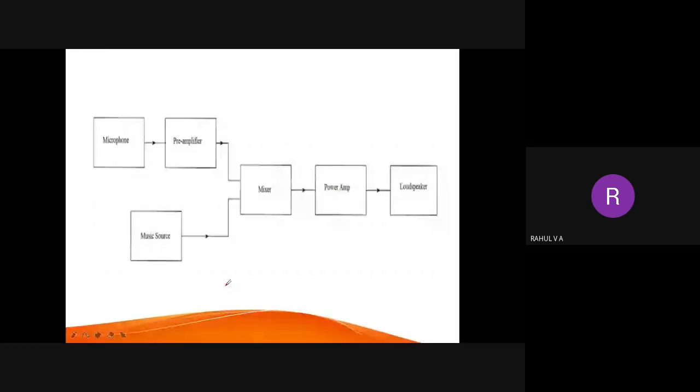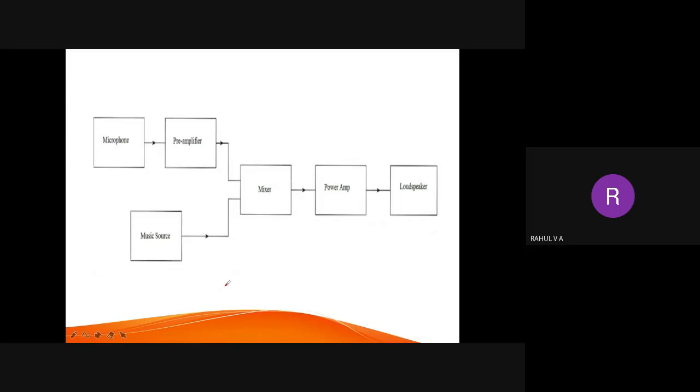But you may have seen the TV programs where background music will be going on, a participant or a singer will be singing on the stage, and there will be mic with judges. So that system is a little bit complicated.